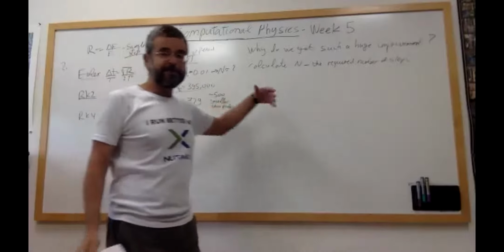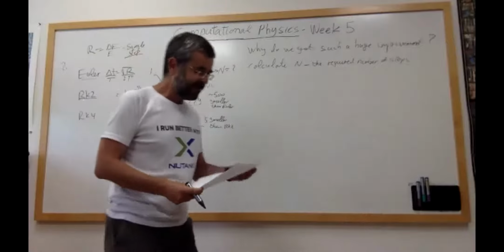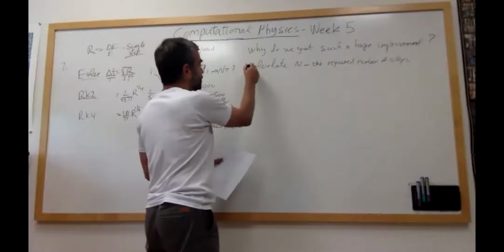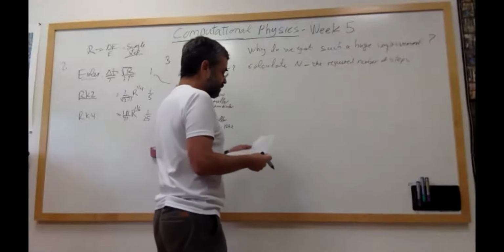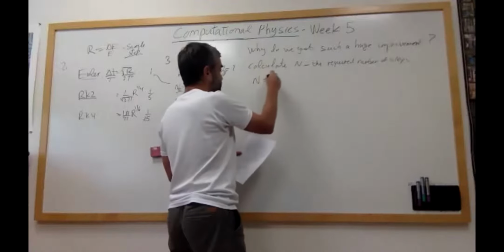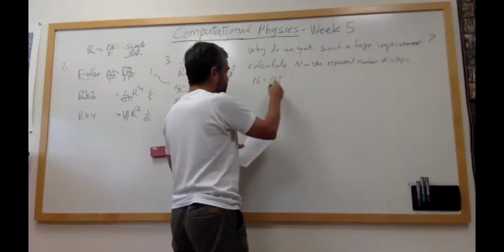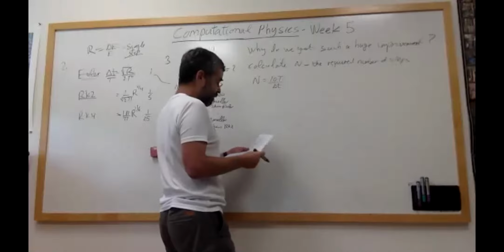You derived it experimentally by running the calculation, but one can do it analytically. In principle, the number of steps is the total time, which is 10T, over the time step delta t.